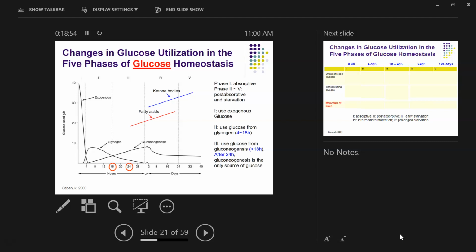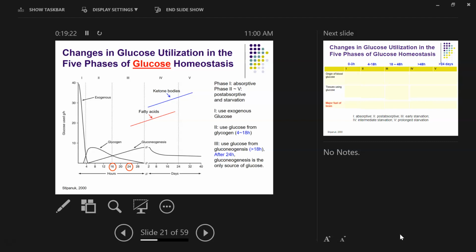So if you look at phase 1, basically it is the absorptive phase. The sources of energy, but here we are specifically talking about glucose. So in phase 1, the main source of glucose used by our body is from the diet.